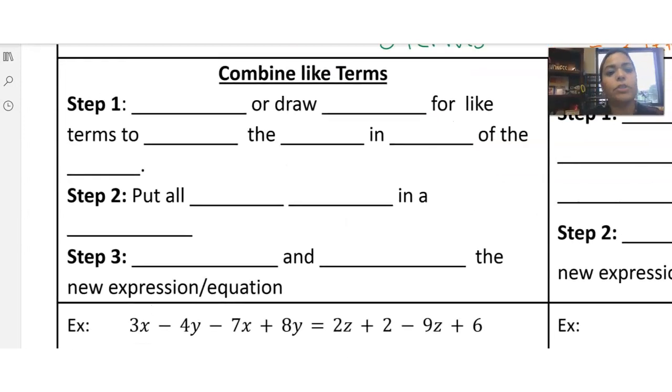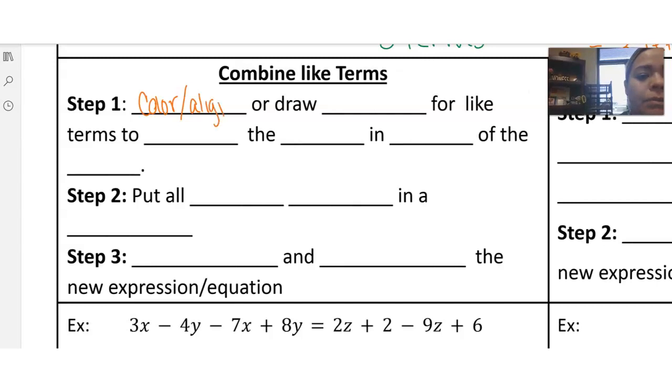So we are going to combine like terms. To combine like terms, we can either color, underline, or draw shapes for like terms, and include the sign in front of the term.